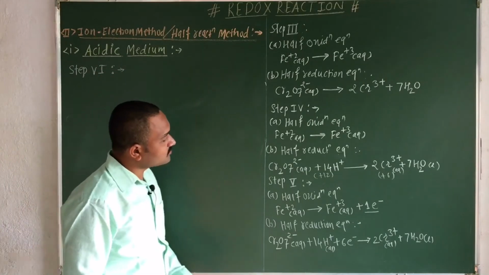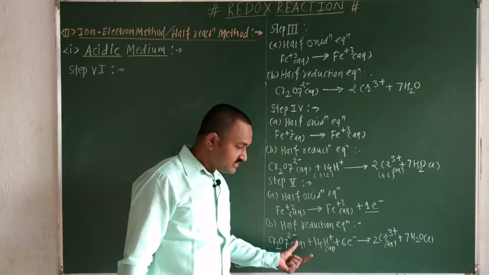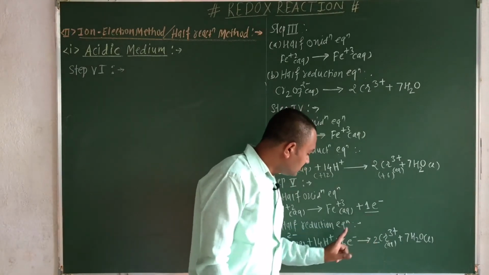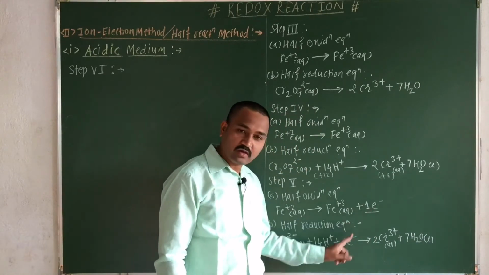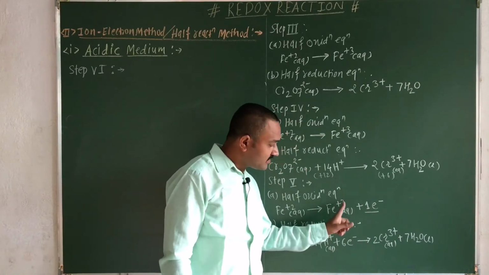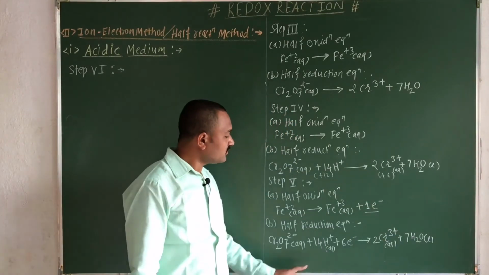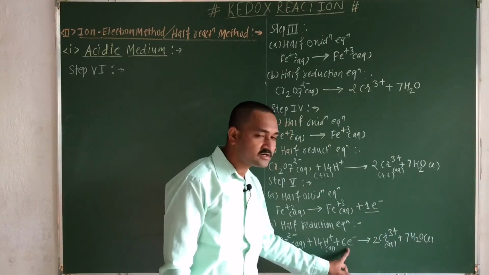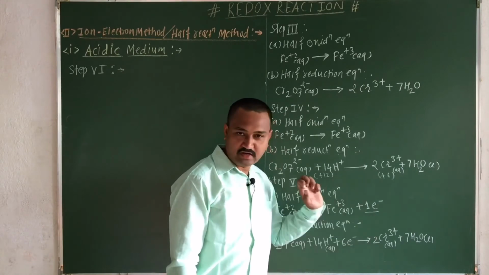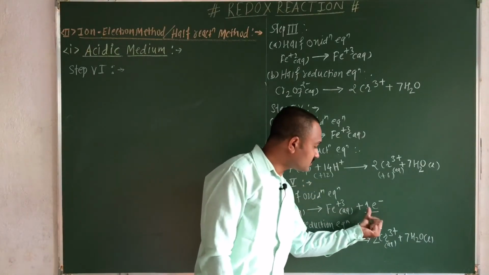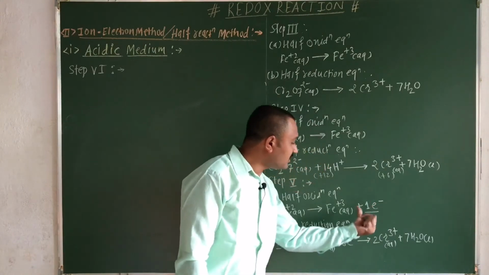To cancel out, again take the reference of your step number 5. We have to cancel out these electrons. On these 2 half equations we have to find a suitable factor so that we can cancel these 6 electrons and this 1 electron. So here we will find one factor so that they become equal.